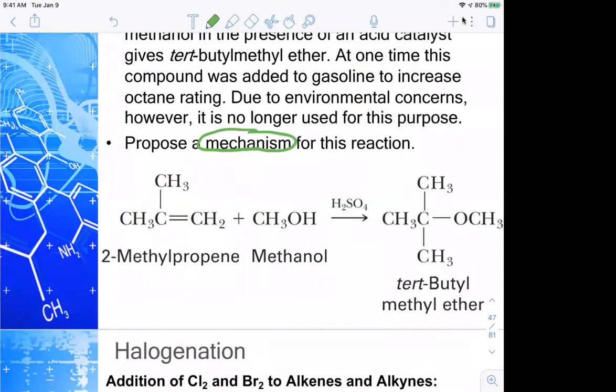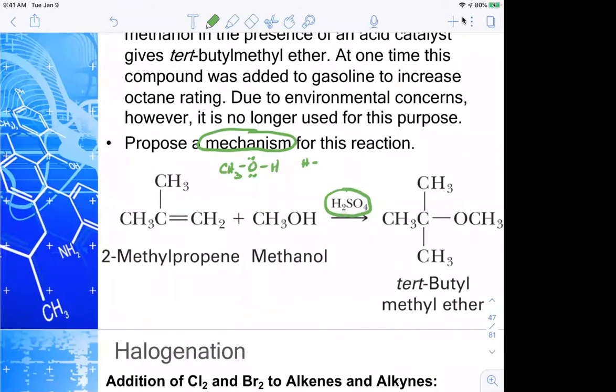So what I'm going to do is, notice I have acid. What can happen in acid is that I could have CH3OH. This is an alcohol that's very similar in structure to water.